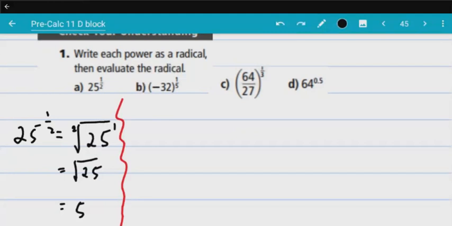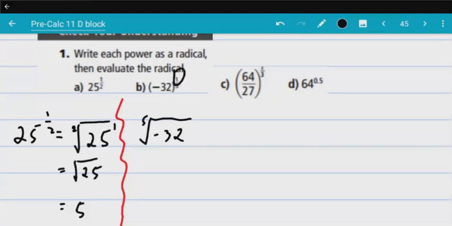So now I can go straight into turning it into another format. It's going to be a radical. What would be inside? The base is -32, so that goes inside. That 5 as a denominator of the exponent becomes your index.